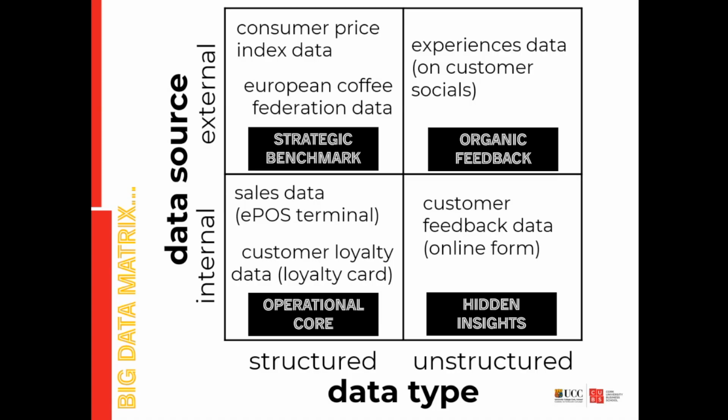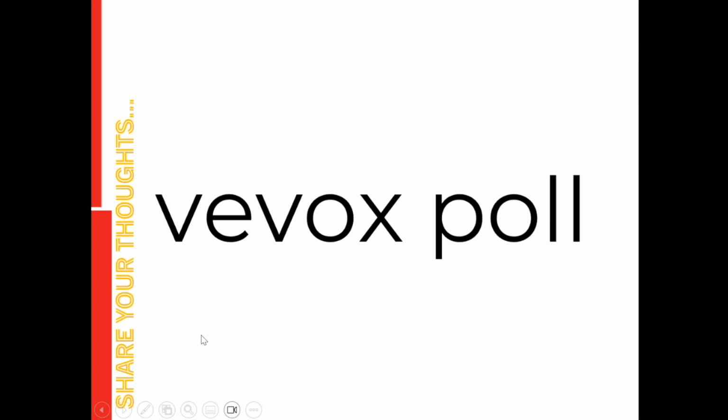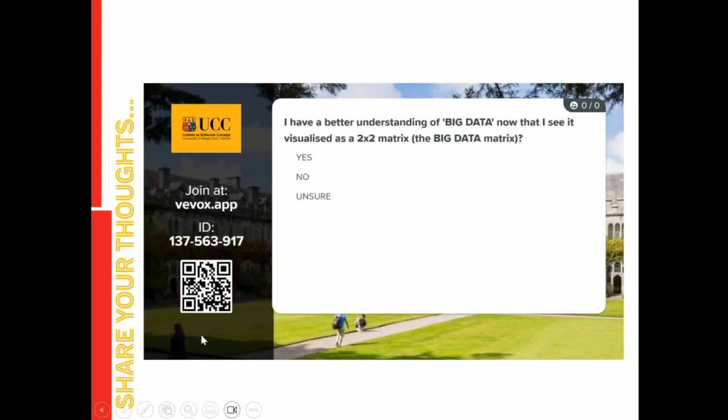So it really does help to keep, as I say, the conversation focused on data and maybe create some energy for the conversation in terms of looking at maybe all of these different possibilities for these various different pieces of data. Now, I would suggest that we could maybe do a VVox poll, which is what I typically would do.